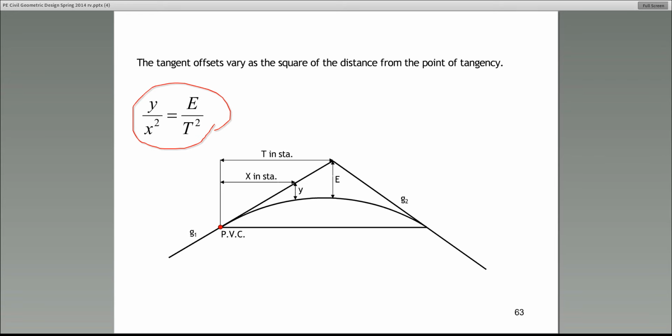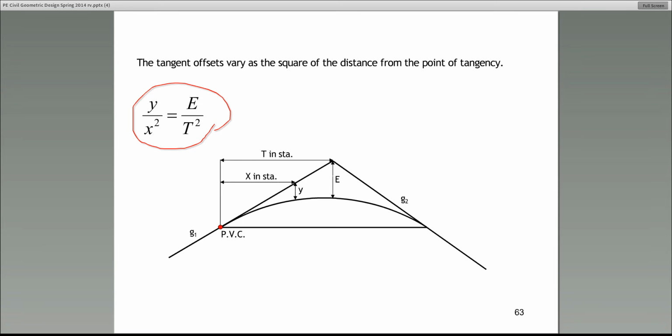Somebody asked what that T was, and here we're going to talk about it. This is the same equation that I showed you earlier, and you can use it to find the tangent offset.